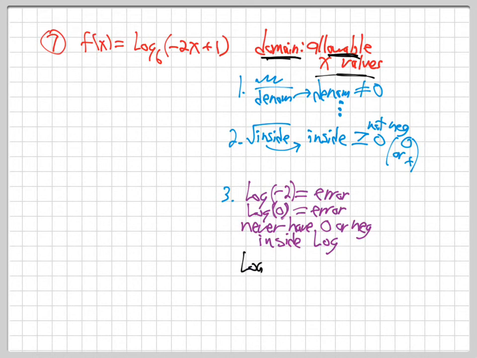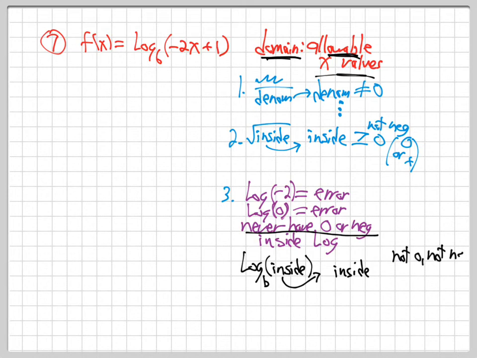So if you have a log and you have something inside, doesn't matter what the base is, call it b for the base, whatever, doesn't matter at all. Take that inside and say, hey, inside, you have to be what? Never 0 or negative. Not 0, not negative.